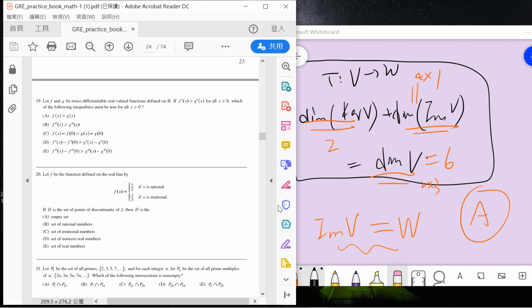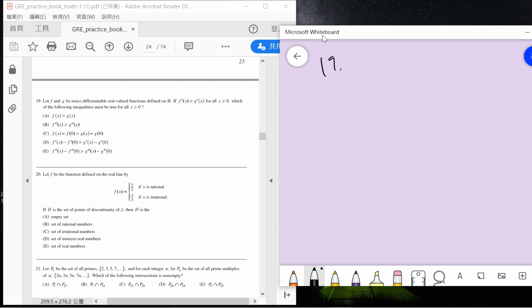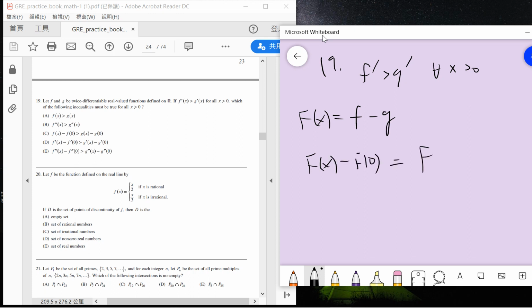Okay, so 19. You know that f prime is larger than g prime for all x larger than 0. Which one must be correct? This is the mean value theorem. You can define h of x to be f minus g. Then h of x minus h of 0 will be h prime of some point c larger than 0, times x.